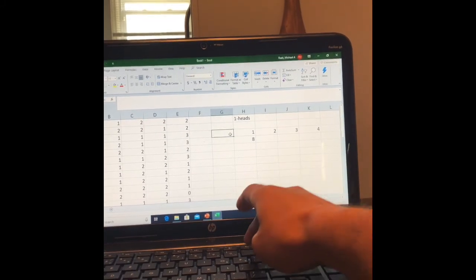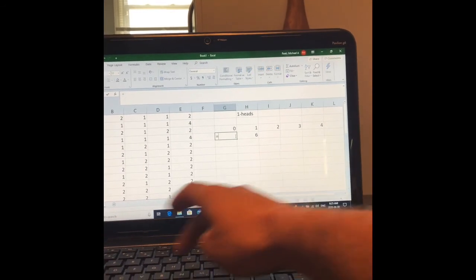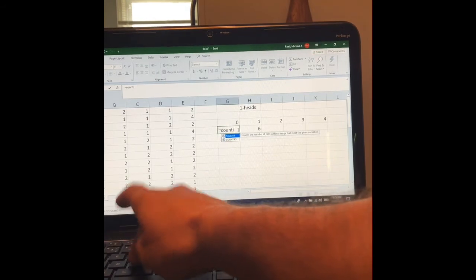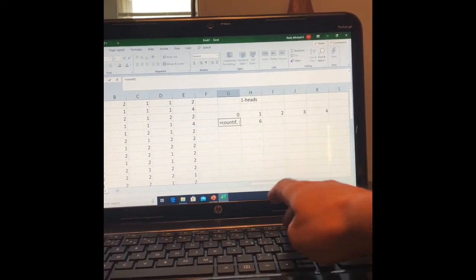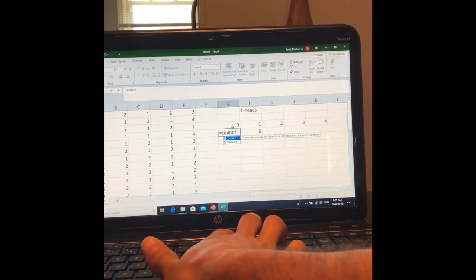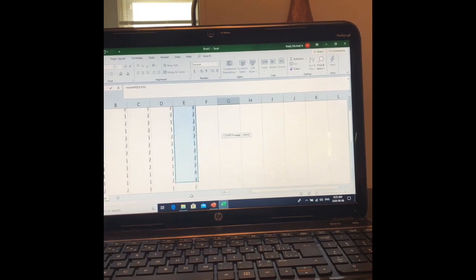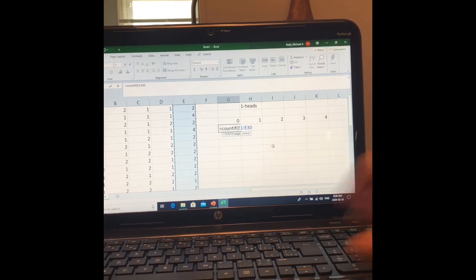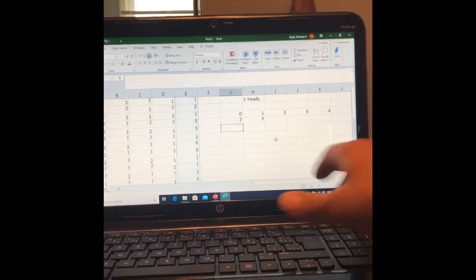So let's go 0 equals COUNTIF, highlight again. If it's a 0, that means there was all tails.